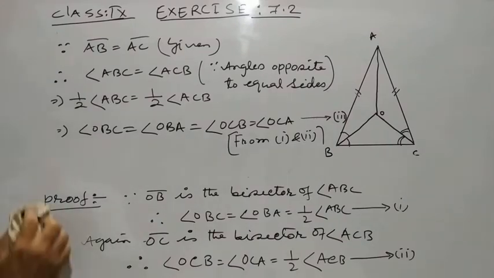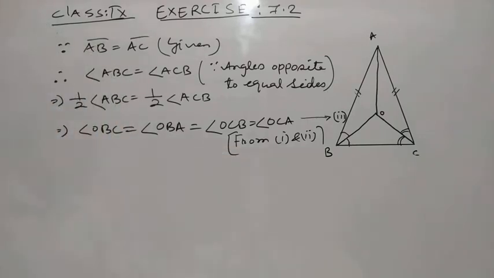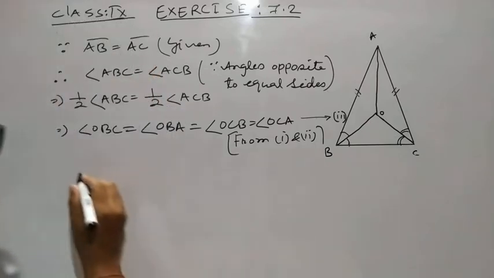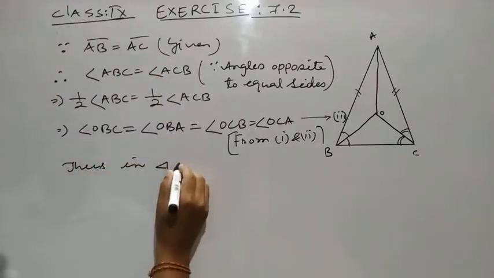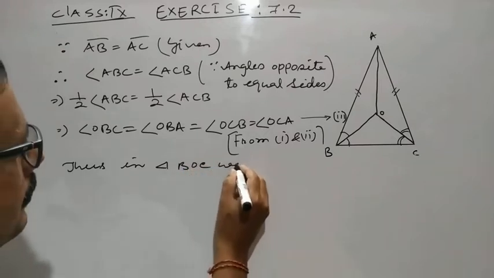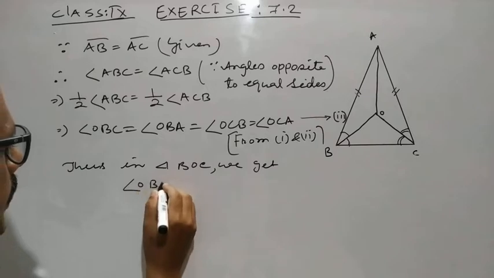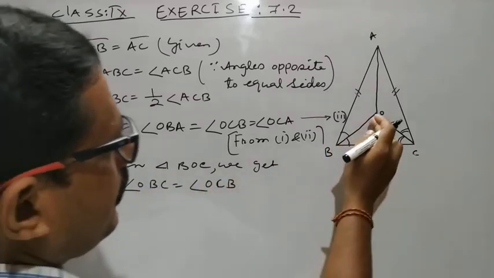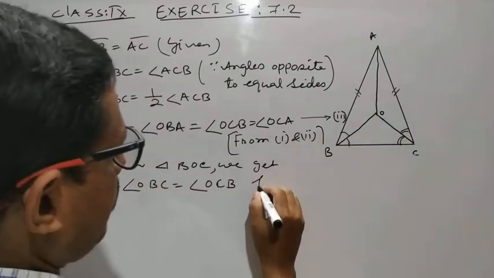Now, thus we have seen that angle this equal to angle this. Thus, in triangle BOC, we get angle OBC equal to angle OCB from 3.